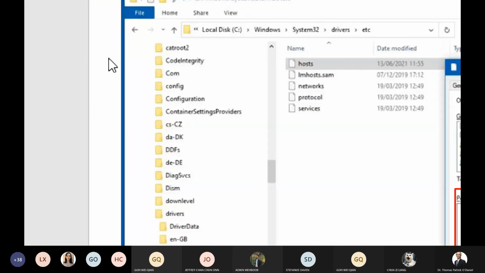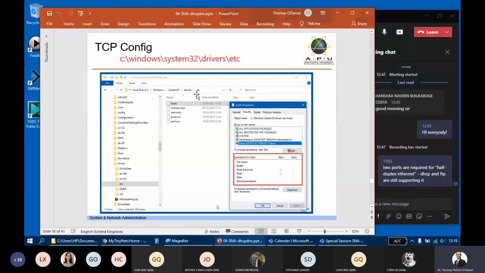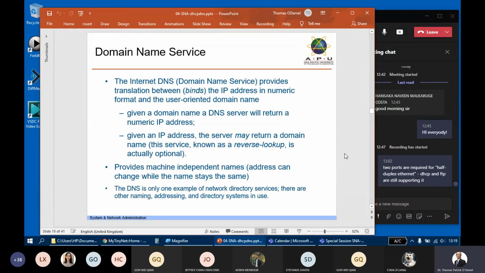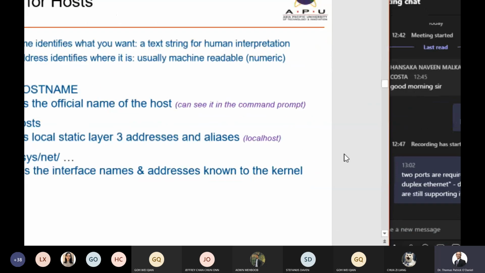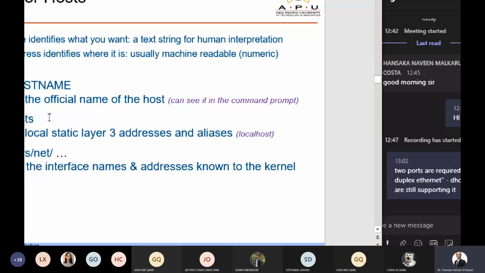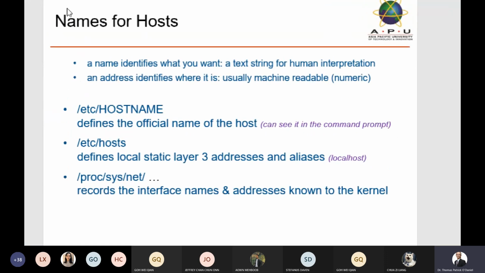Local disk C, Windows System 32, drivers, etc. Check it out, you'll find it. Because that's something that, again, is just core TCP/IP, right? That comes into Windows, comes into Linux, comes into Android. If we look around, if we know what we're looking for, we can find it.